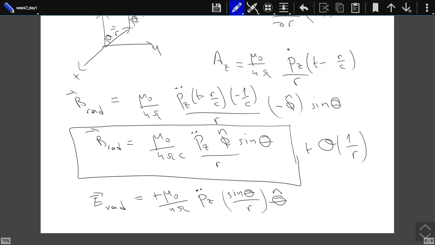In fact, once we also study the magnetic dipole moment this week, we will study it in general. We will see that whatever the charge distribution is doing, you can assign it some electric dipole and some magnetic dipole, and the radiation of the electric dipole will always be proportional to the second time derivative of the electric dipole moment. And the magnetic dipole radiation will be proportional to the second time derivative of the magnetic dipole moment.